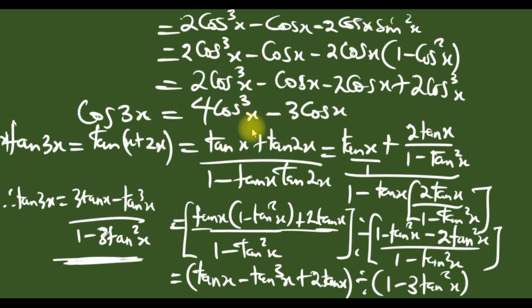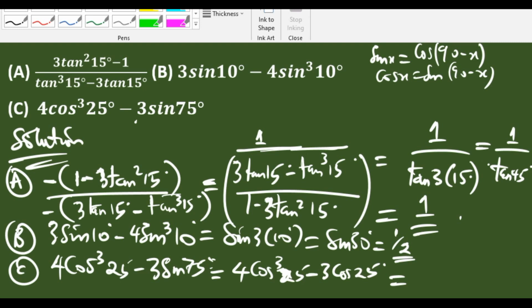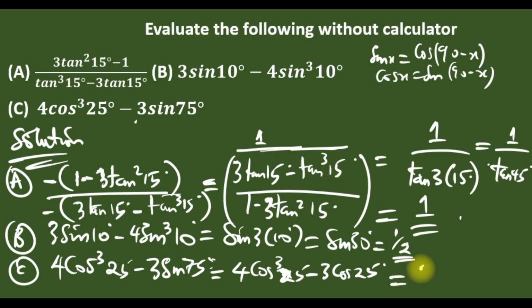What is here is here, 25 and 25. So our answer is just cos of 3 times 25, which is cos 75, and remember we are not asked to use a calculator, so we need to continue.